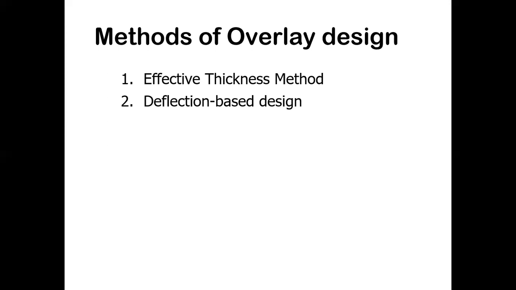Sometimes you estimate that the effective thickness is good, so conversely, you will find less overlay thickness. Or on the other hand, if you estimate the effective thickness very low, you end up with an extra overlay that may not be needed.